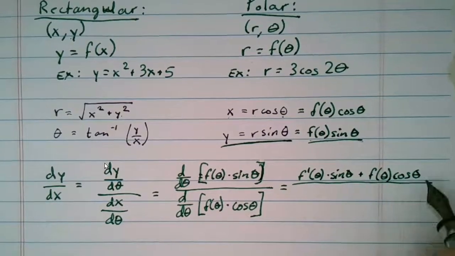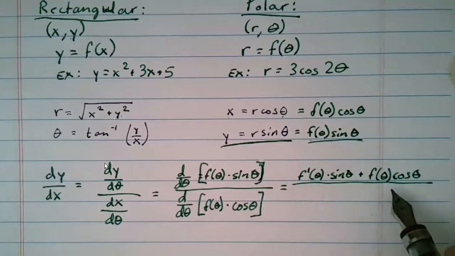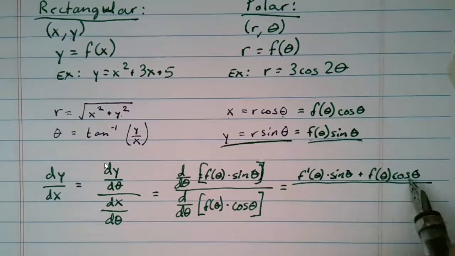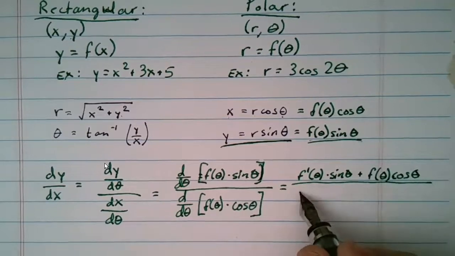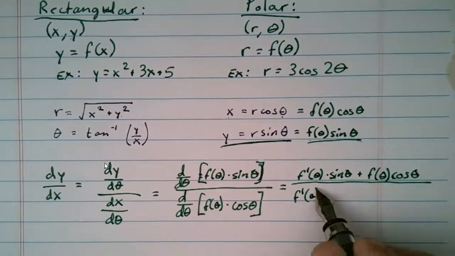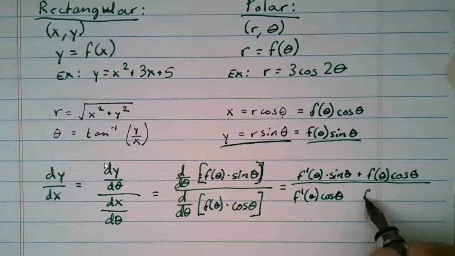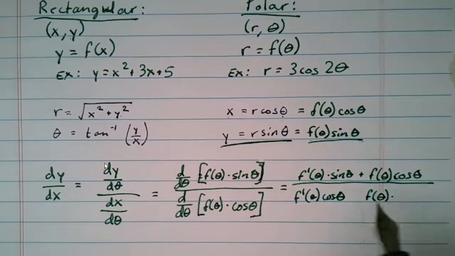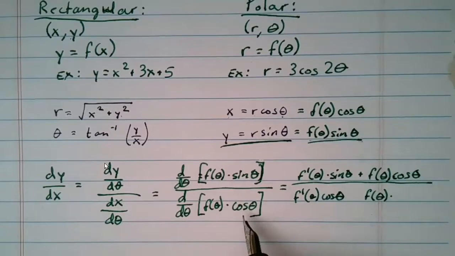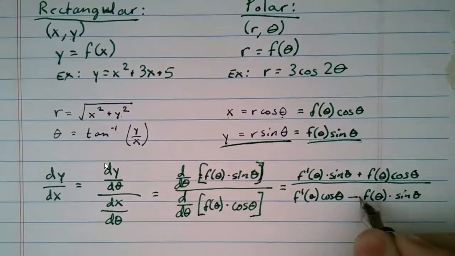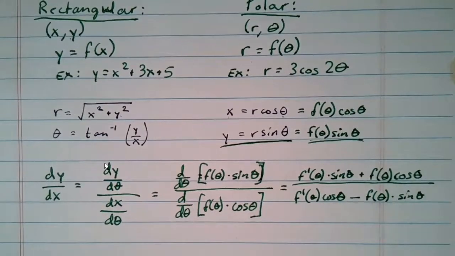And if I do the same thing on the bottom, a prime b plus a b prime, right? So the derivative of the first times the second plus the second times the derivative of the first, I'm going to get f prime of theta cosine of theta. Now, the second one is going to be f of theta times, and the derivative of cosine will be negative sine. So that'll be sine of theta, and the negative will come out here. And so we get something that looks like that.